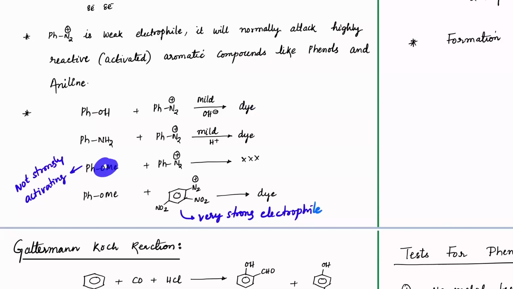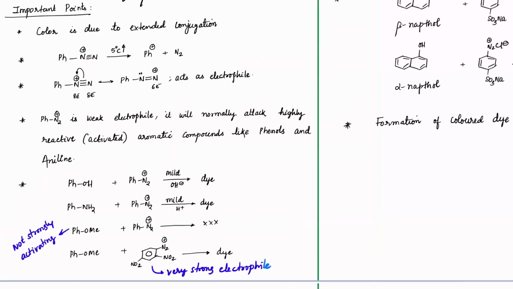But if you have OMe, it will not react unless you have at least two NO2 groups on the diazonium salt and its electrophilicity is increasing. And because of this electrophilicity, now you will notice that this phenol end will attack on the nitrogen end and that forms a dye. Different color dyes here. Okay.